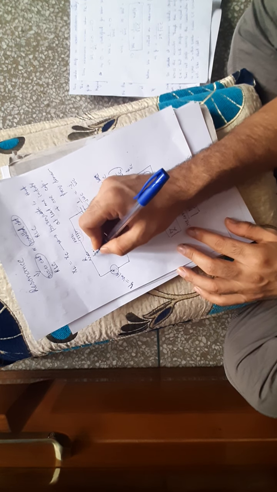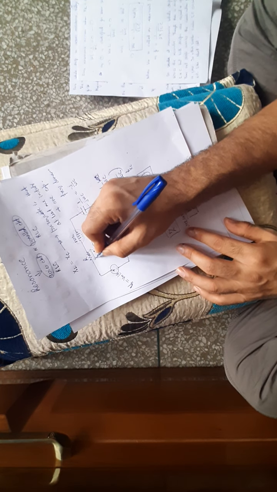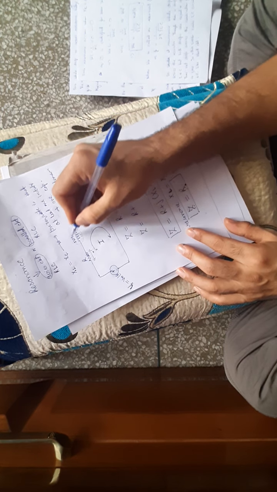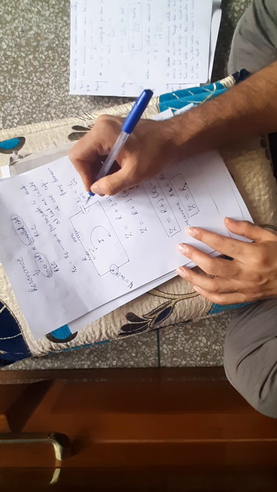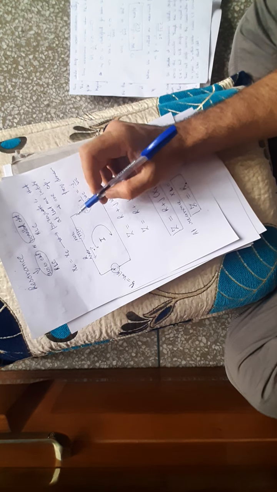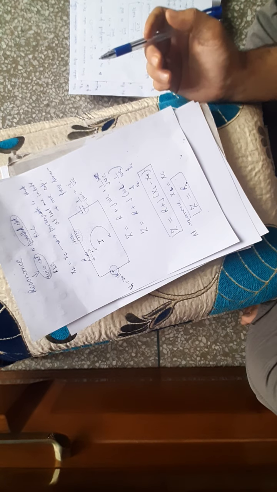Obviously, the whole drop will be across this resistor. Okay. So the whole drop will take place across this resistor, and no drop will take place across the series combination of inductor and capacitor. I am repeating here that no drop will take place across the series combination of inductor and capacitor.